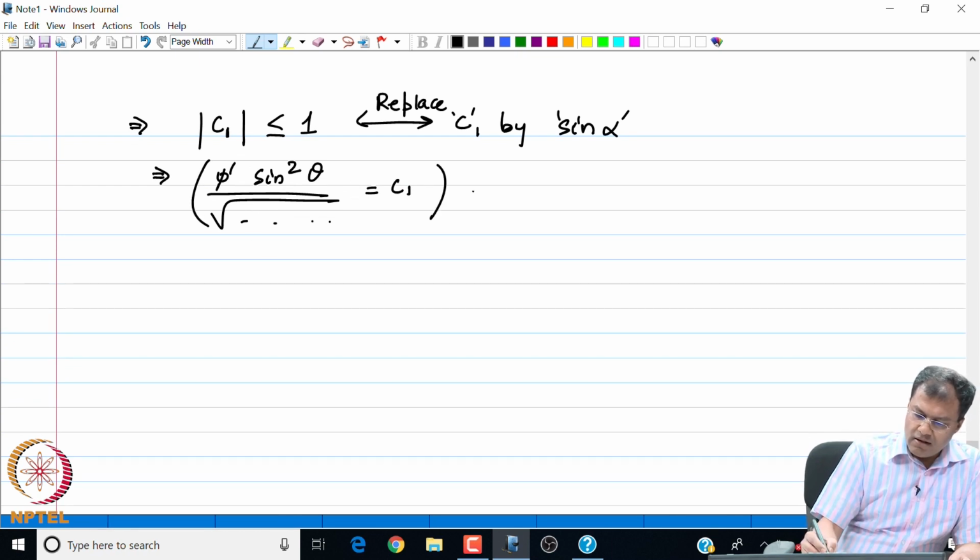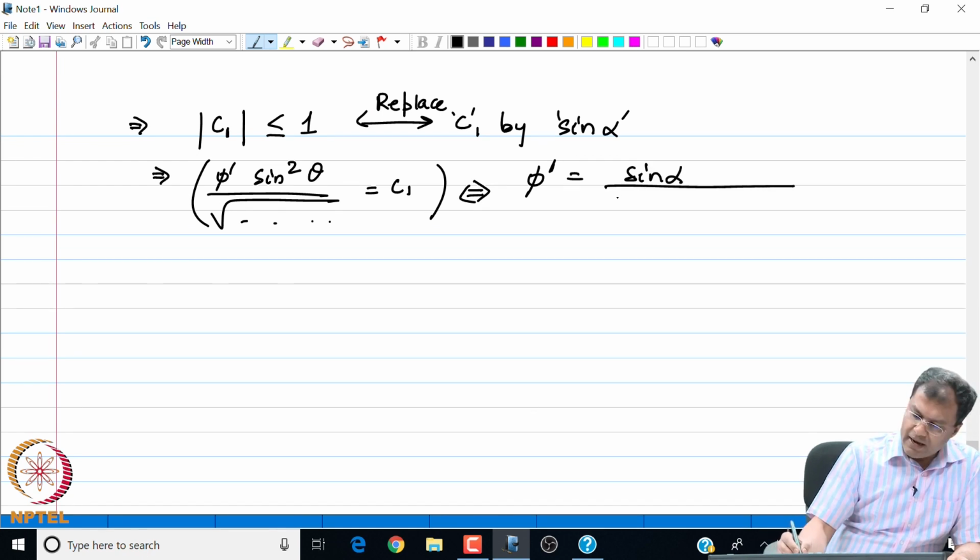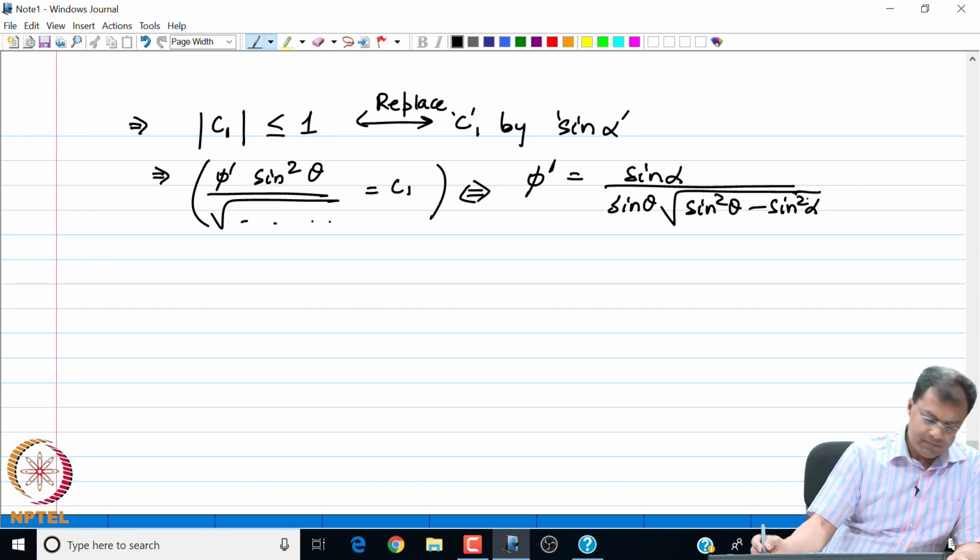Instead of using C1, we have now replaced it with another constant, and let us separate out phi prime completely from this expression. We get that phi prime is sin alpha divided by sin theta times the square root of sin square theta minus sin square alpha.